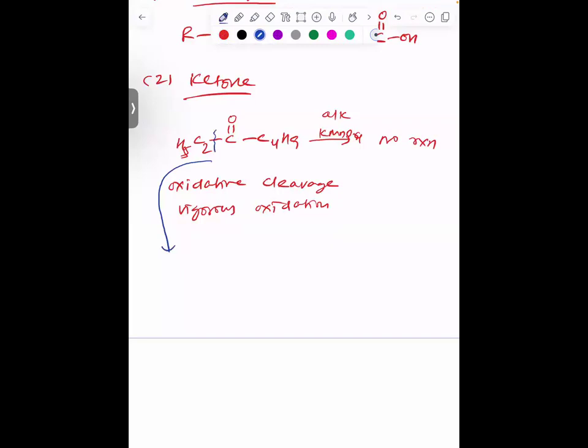So if there is rigorous oxidation, on one side there are 2 carbons, this will be ethanoic acid, and the other side this will be pentanoic acid. And if it undergoes oxidation on the other side, then the product will be C3H7COOH plus on the other side C2H5COOH. So these are the products. Note down.